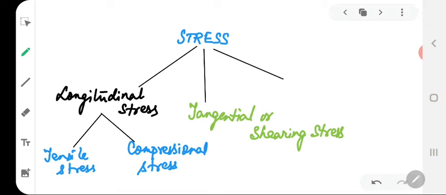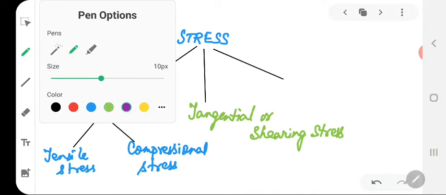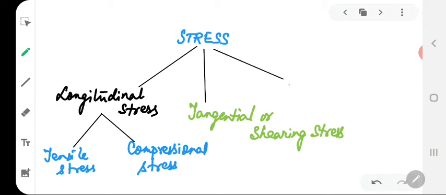The tangential force applied per unit area is called tangential stress. Coming to the last one, it is normal stress. If a body is subjected to a uniform force from all sides, then the corresponding stress is called normal stress. So these are the different types of stress built up in any object.